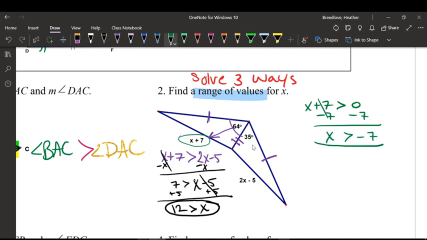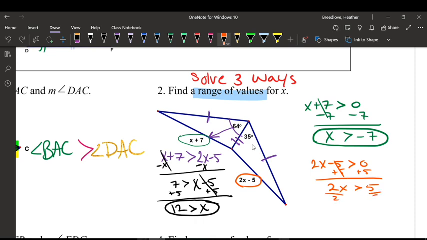There's another possible answer. And then the last way we need to solve this is looking at the other side, because that also has to be greater than 0. 2x minus 5 greater than 0. So we add 5. We have to make sure this side exists. 2x is greater than 5.